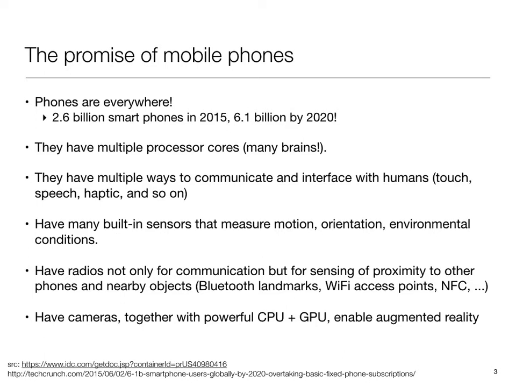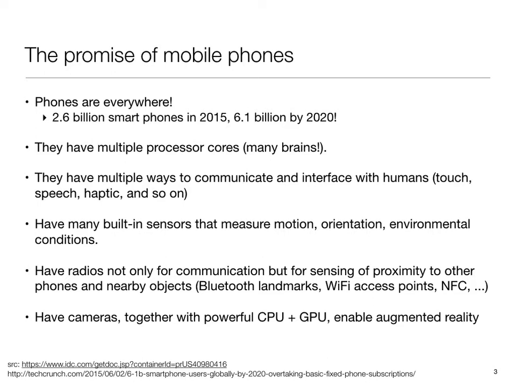And there's multiple ways to communicate and interface with them. You could use touch, speech, or haptic feedback. And then they also have a whole bunch of built-in sensors to measure motion, orientation, environmental conditions.